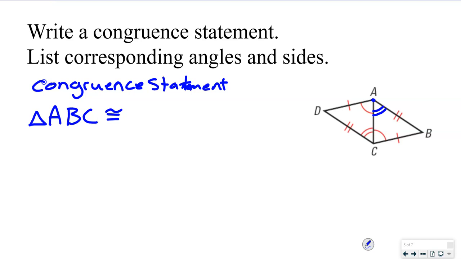So that's going to correspond with the angle in the other triangle that's got 2 arc marks. And its corresponding vertex is C. So my second triangle name has to start off with C. Then if I go to B, I see B is out here on its own. So I know D is its corresponding angle.